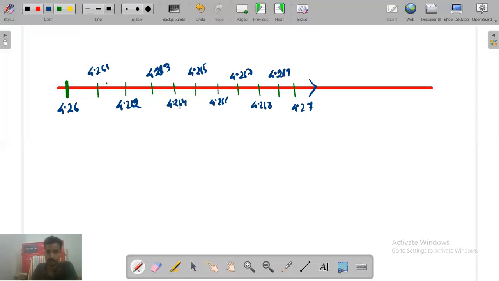Then again see, we are going to plot 4.2626. Again 4.2626 will lie between, this number is 4.266.